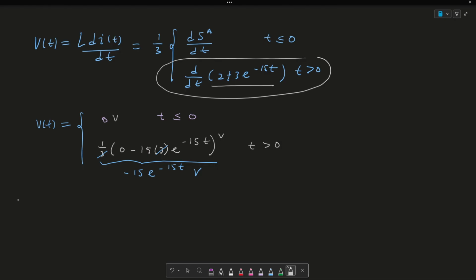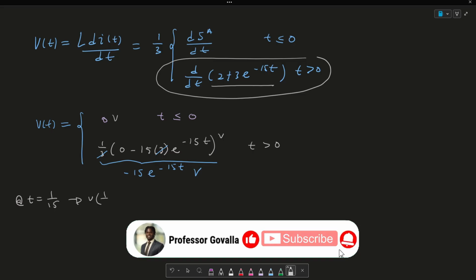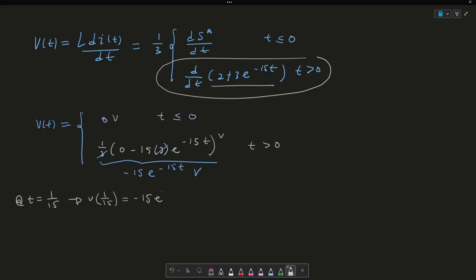Okay, let's go ahead and consider t equals 1/15. We get v of 1/15 is going to be minus 15e^(-15/15), which is minus 5.518 volts.